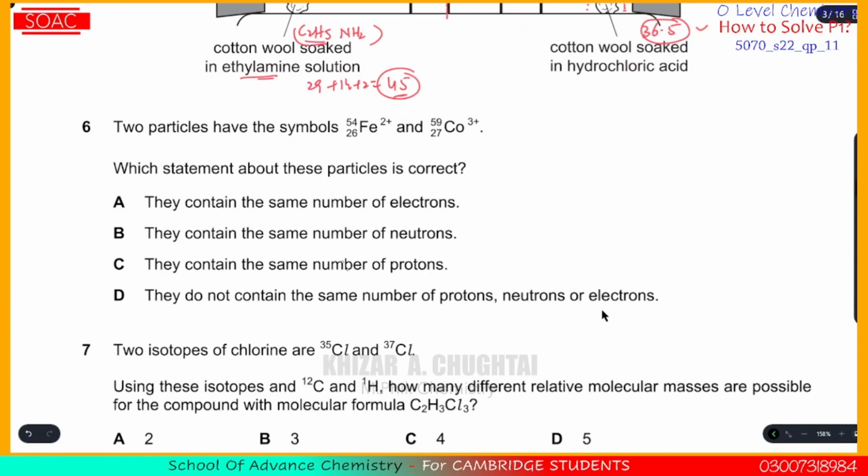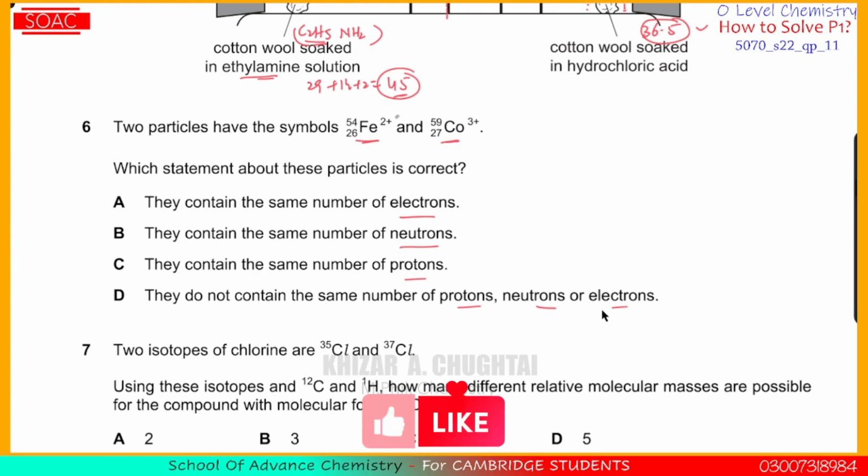Question number 6. Two particles have the symbols iron 2 positive and cobalt 3 positive. Which statement about these particles is correct? A, B, C, D: they contain the same number of electrons, neutrons, protons, or the same proton, neutron, and electrons. So I'm going to find the electrons, protons, and neutrons for each of the two particles. In iron 2 positive, basically P is equal to 26.